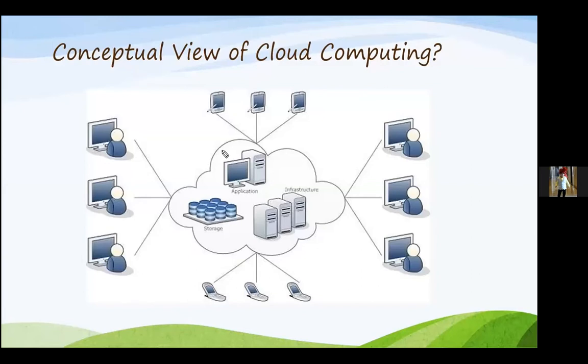In storage, whatever background data is required, MySQL data, is stored in the database server. Okay, so these are the different servers, and these are the customers that can use that application whenever required with the help of the internet.